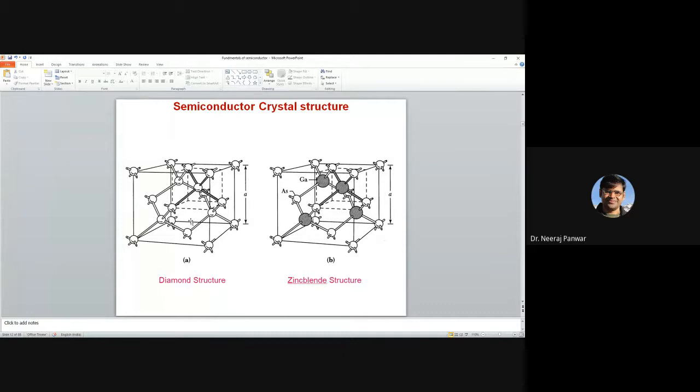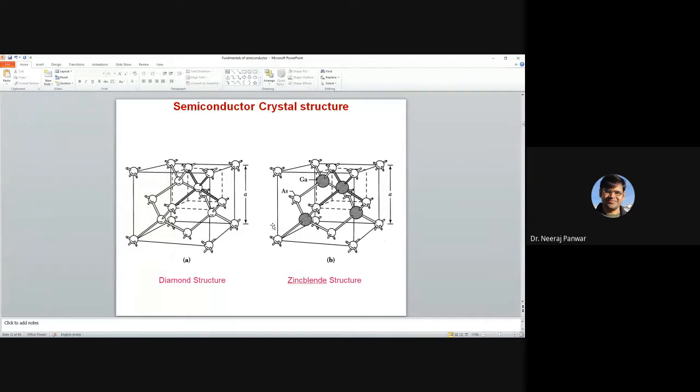Two atoms will be at 1/4, 1/4, 1/4 position like this, and two atoms at 3/4, 3/4, 3/4 position. So these are two interpenetrating FCC lattices shifted from each other by a quarter position. Silicon, germanium, all these semiconductors crystallize in this diamond structure.